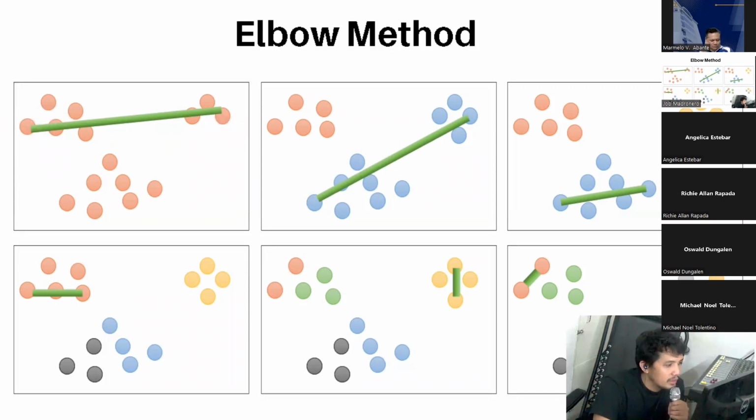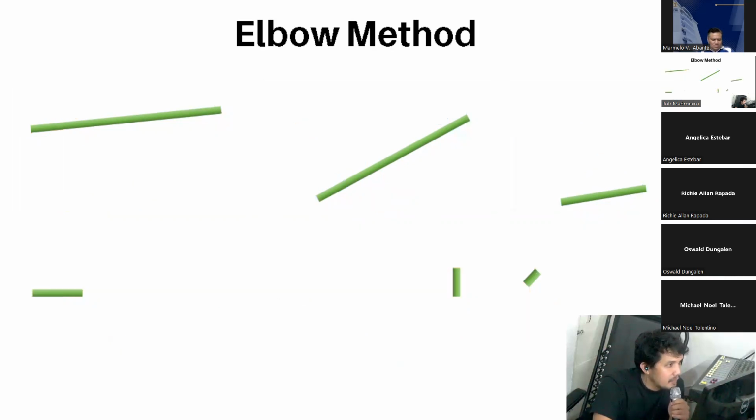And what we're going to do next, conceptually, is define the next method, which is the elbow method. So we take all these distances and we graph them in the best way, like this.